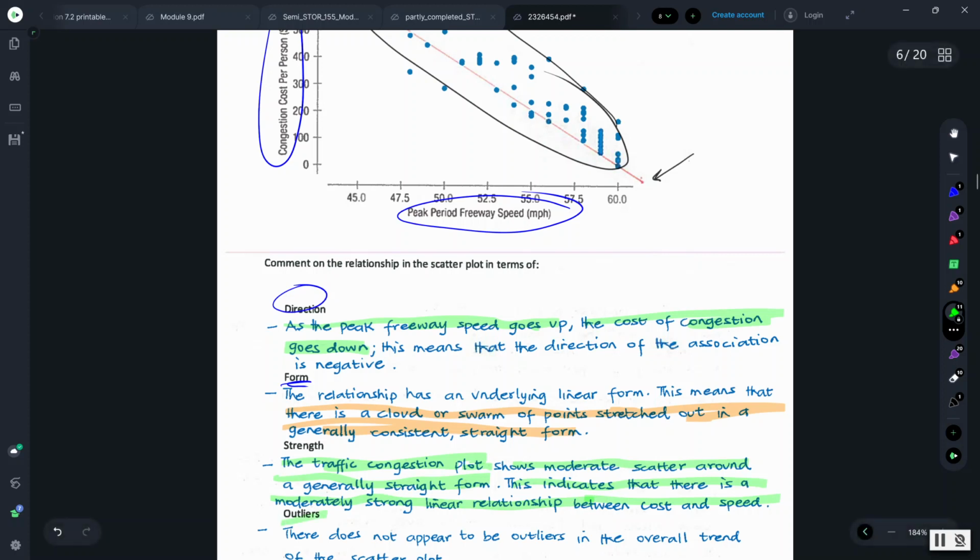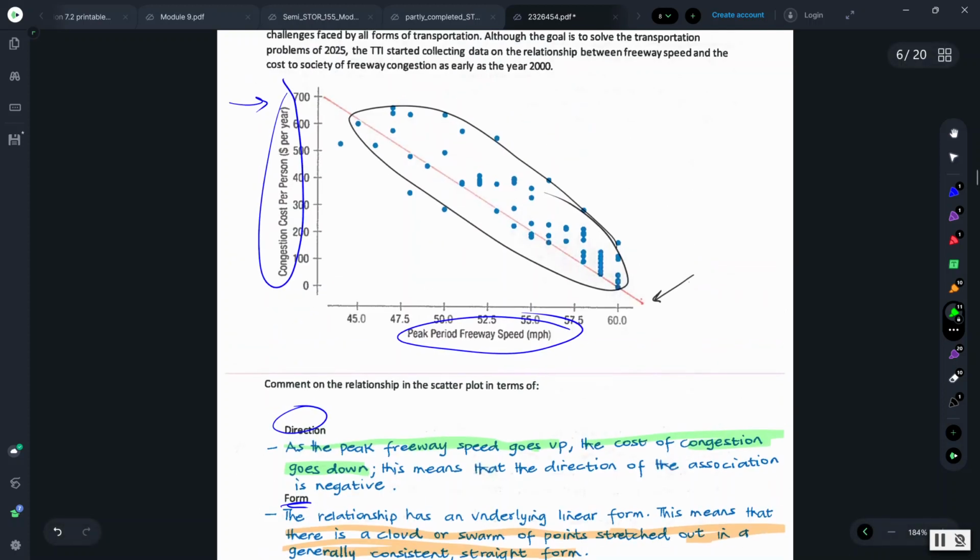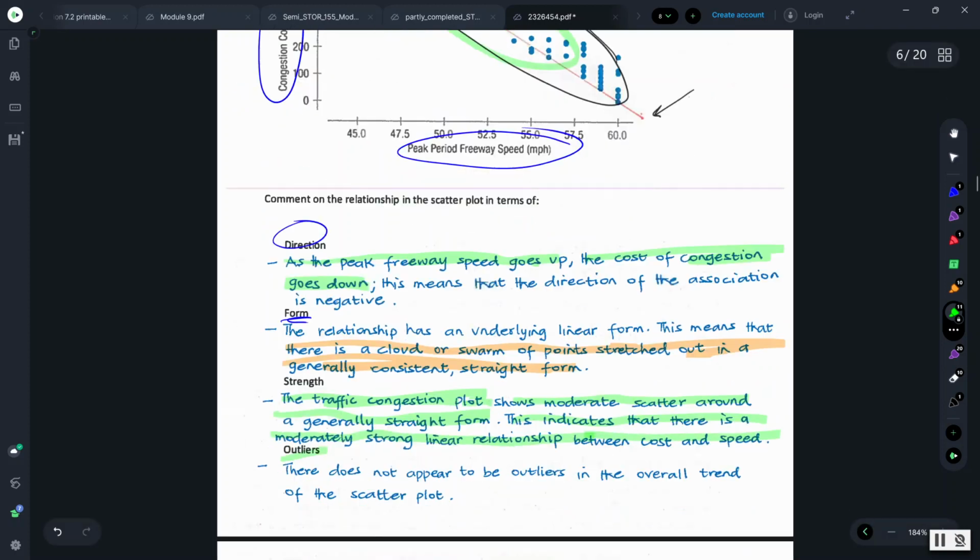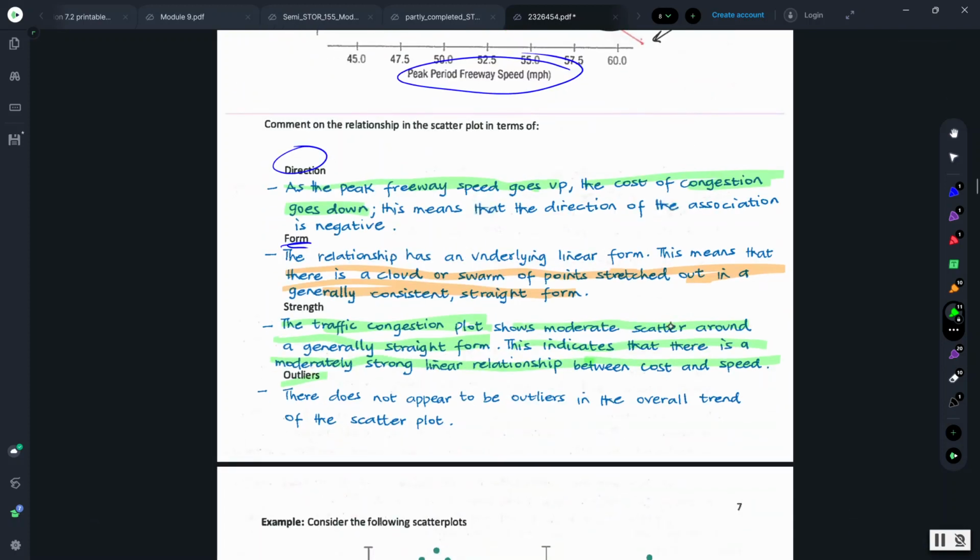Then what about outliers? Well, for me, I don't really see a particular point that is markedly or considerably standing far away from most of these points here. So I would argue, subjectively speaking, that there does not appear to be outliers in the overall trend of this scatter plot.